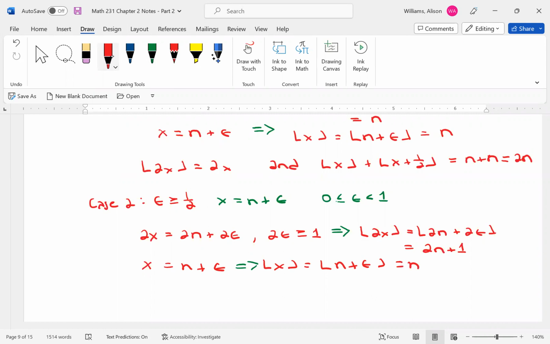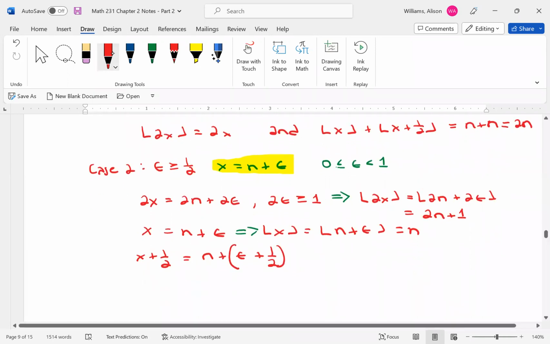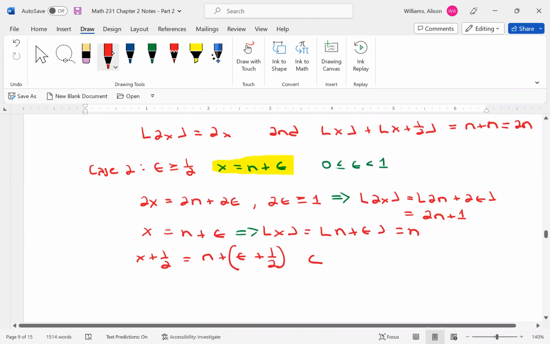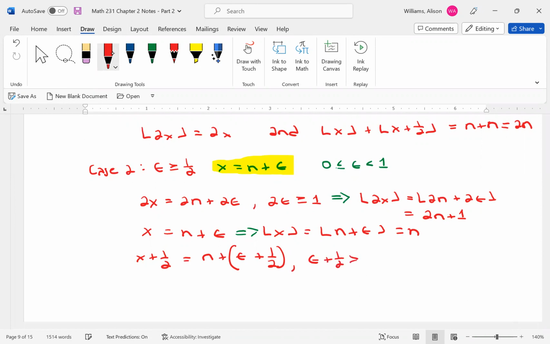Okay, great. Now let's look at x plus 1/2. Coming back to this thing again, add in the 1/2. So this is going to be n plus epsilon plus 1/2. Now this thing right there is going to pop up and be bigger than 1 again. It's bigger than or equal to 1 because epsilon is either 1/2 or bigger than 1/2.